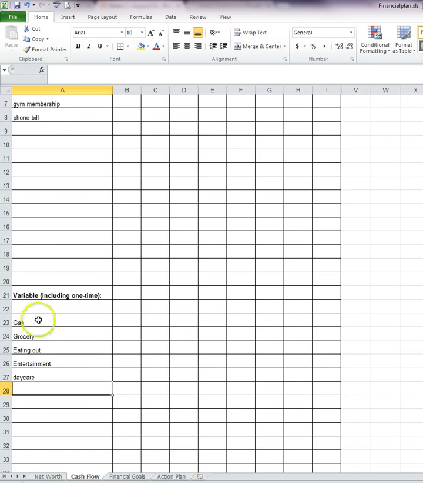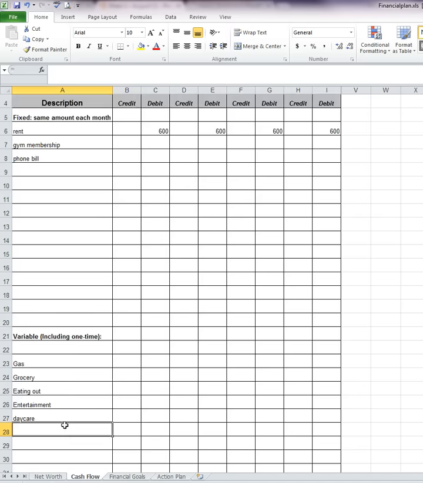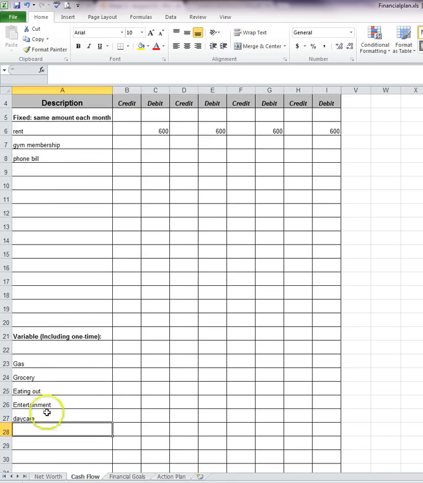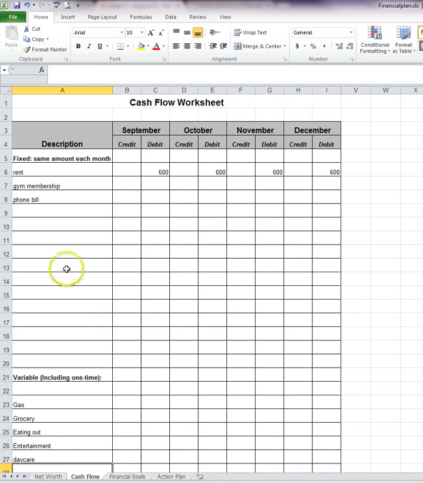I want you to consolidate some of these. This is not where you record individual expenditures. This is where we are going to summarize all of the expenditures that we have in these months, September, October, and November. We're going to capture all our fixed expenses and capture all our variable expenses. And you may say, well, how are we going to do that? And here is the answer.